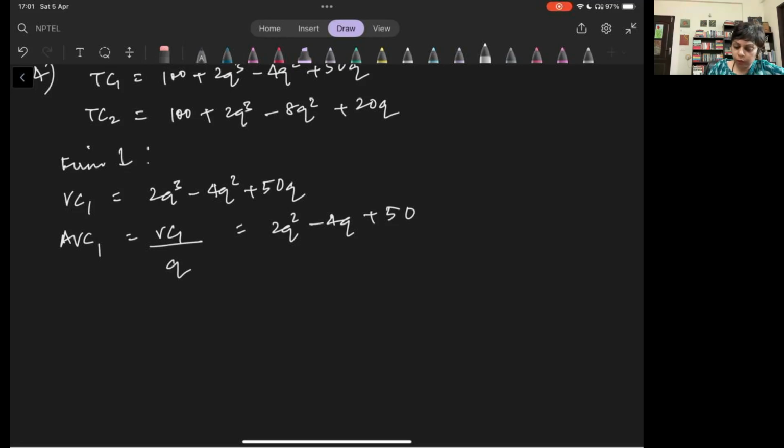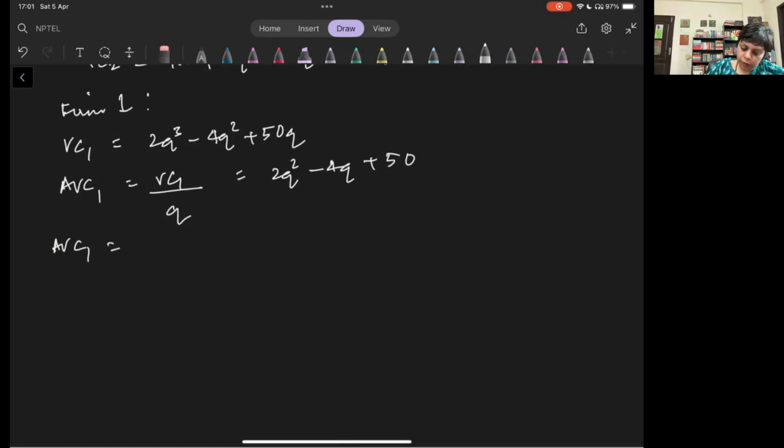Okay, so what we will do is we will try to find the minimum. You can also factorize it, but the way I find it simple is to factorize it like this, only by rearranging the terms. So say this is 2(q² minus 2q), and we can factorize this as (q minus 1)² minus 1, plus 50.